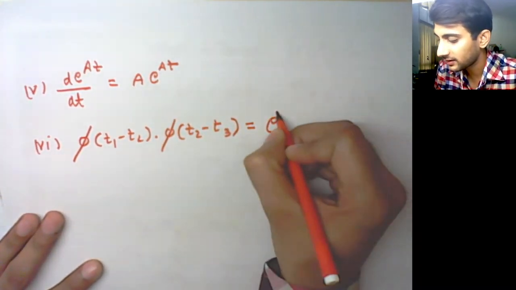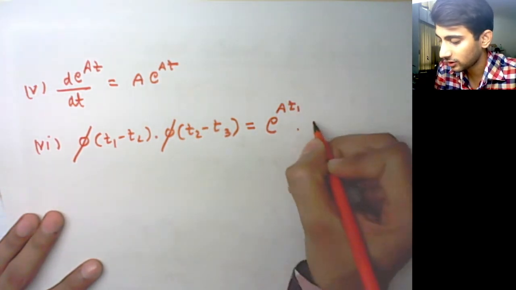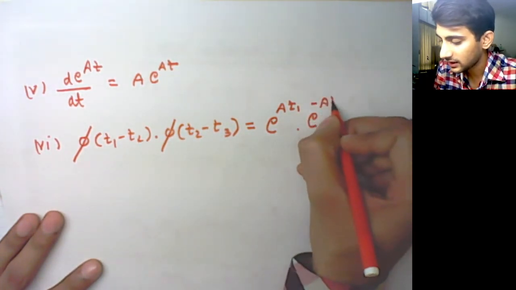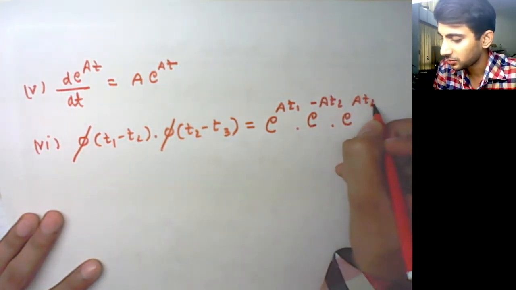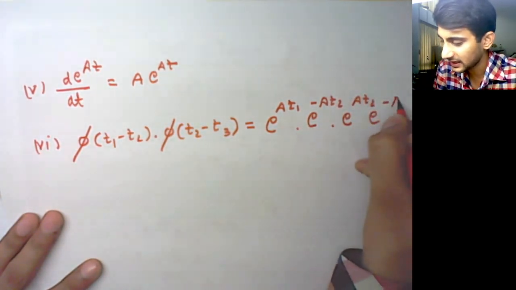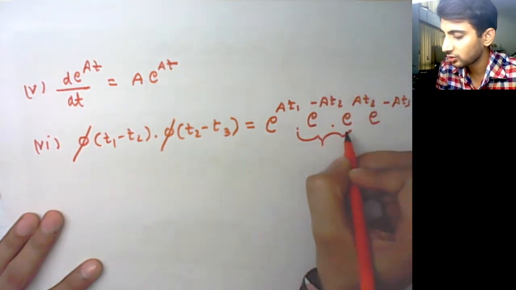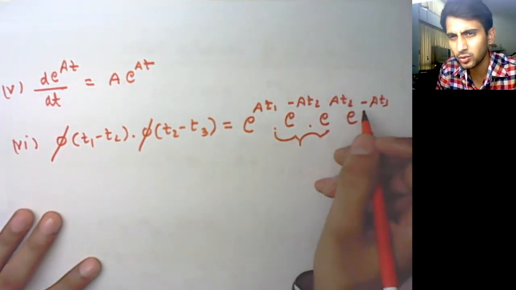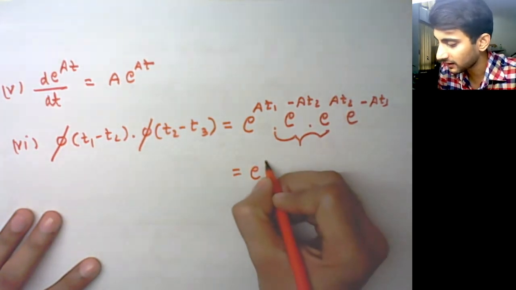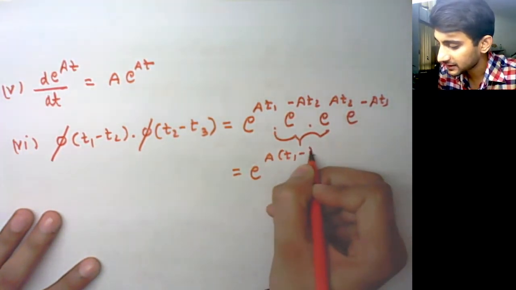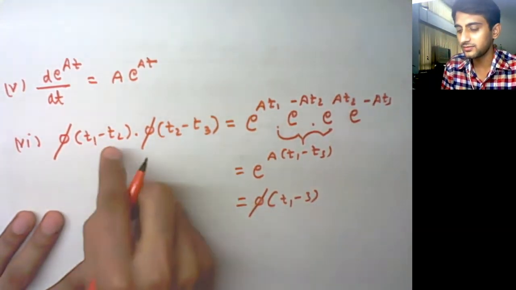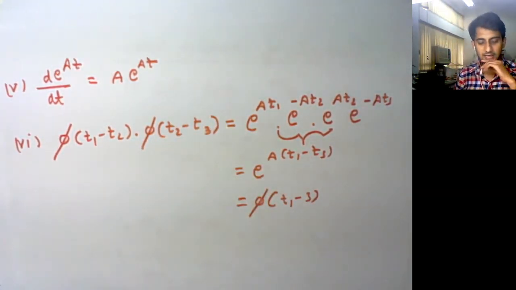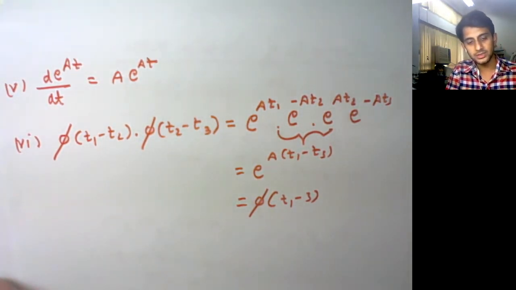It would be e to the power At1 times e to the power minus At2 times e to the power At2 times e to the power minus At3. These will cancel out, t2 and t2. It would be e to the power A(t1 minus t3) only. So this is nothing but phi of t1 minus t3, since t1 minus t2 and t2 minus t3 add up to t1 minus t3. So these are a few properties of your transition matrix.